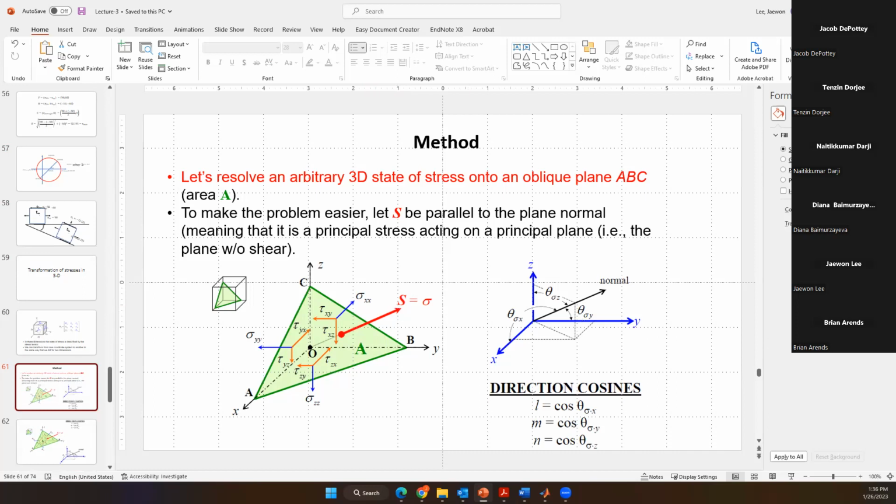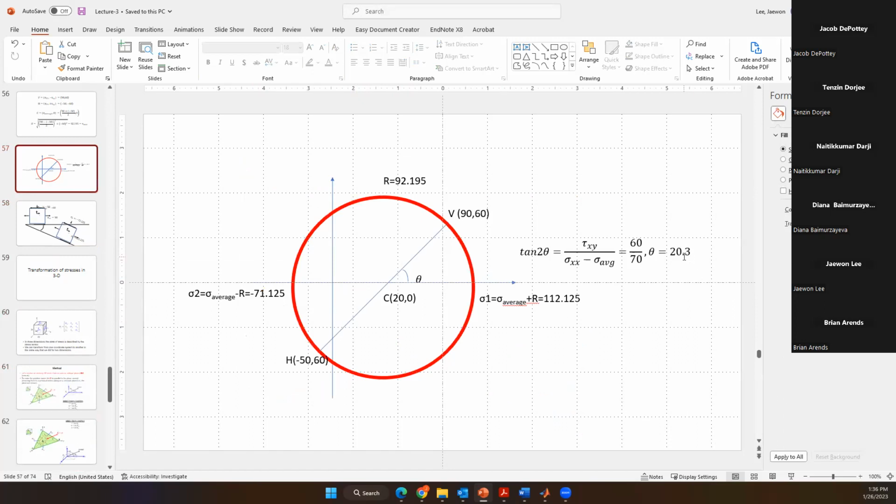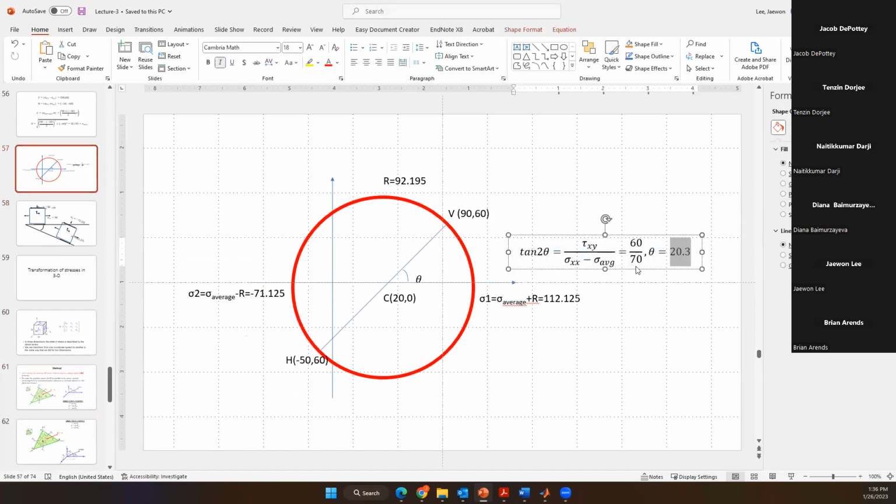Professor, you're muted right now. Oh, I'm sorry. Okay. 20 is more reasonable. Once you get the 40, you can just get a 20 by dividing by 2. So this is 20.3.